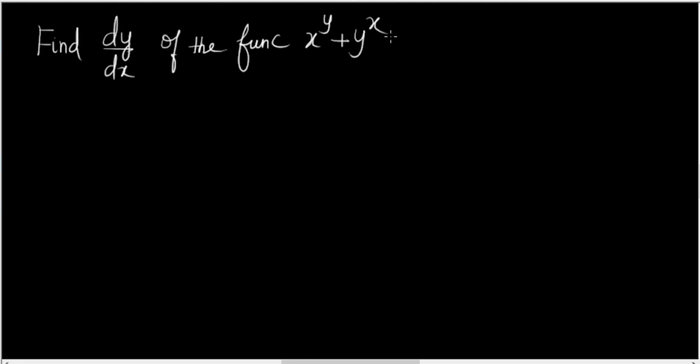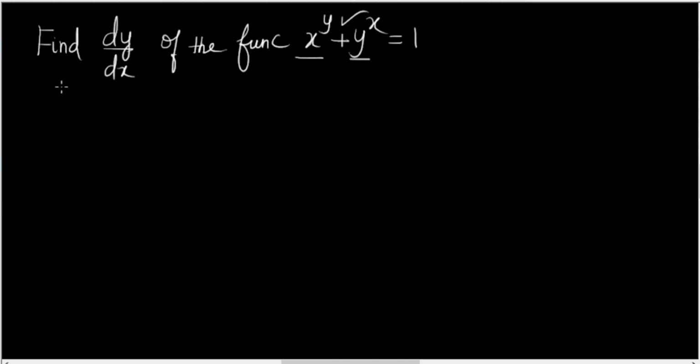The another example is find dy over dx of the given function x power y plus y power x, which is equal to 1. By looking into this equation, we are sure that we need to apply log. Since we have got a plus sign between, we are going to try in the way what we did earlier.